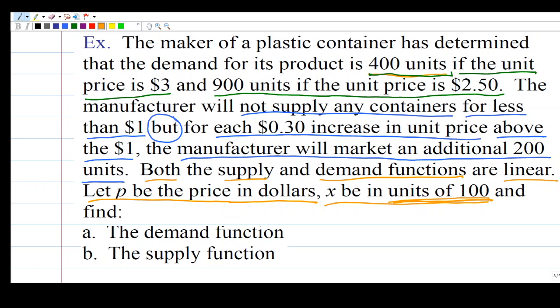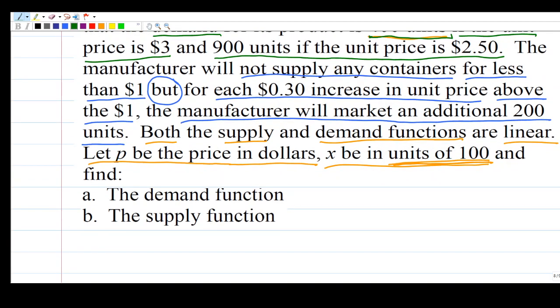So the demand function, that's going to come from the part that's underlined in green. So basically, it's from the first sentence there. So the solution, A, the demand function.